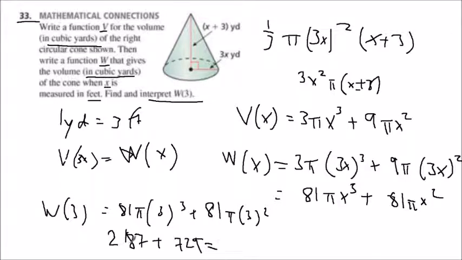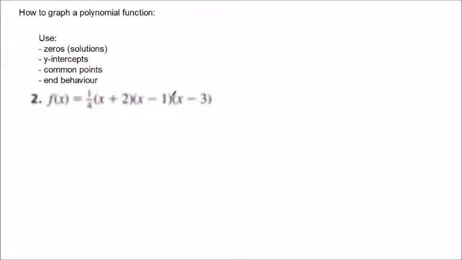You add them together and you'll get 2,916 feet cubed. So w of 3 is 2,916 feet cubed. Volume is 2,916 feet cubed. That's basically what they mean by interpret.